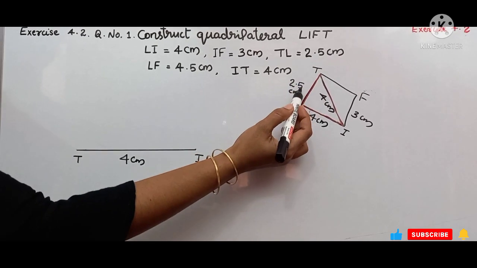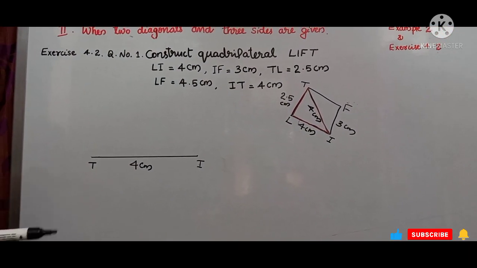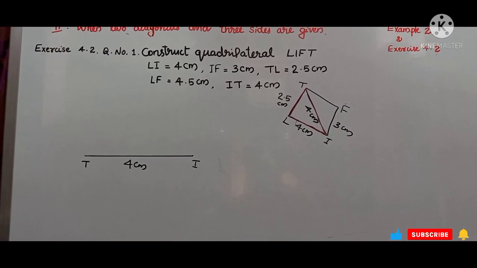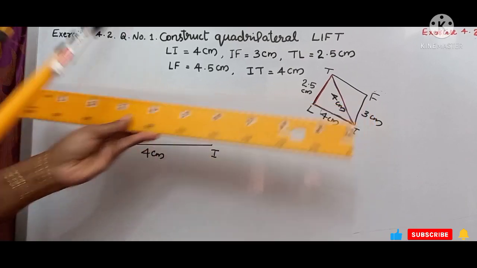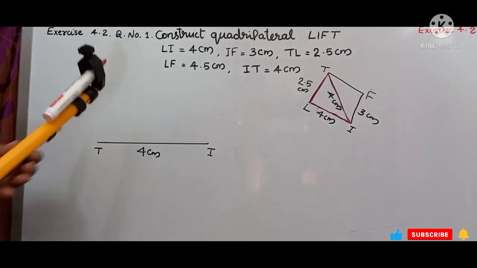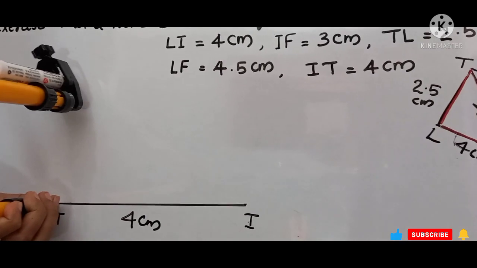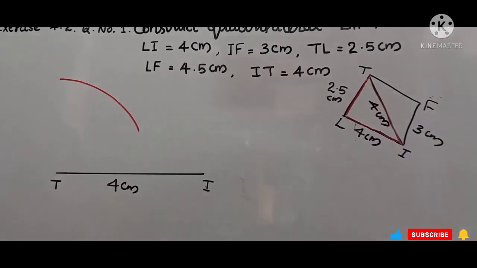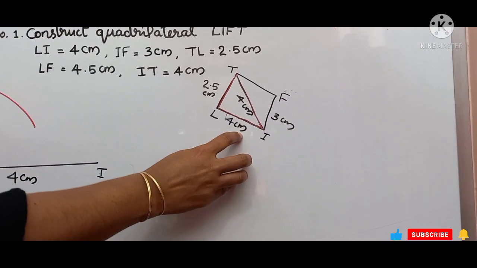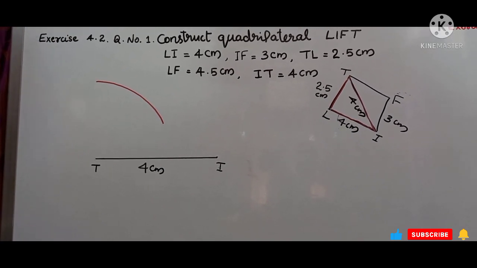So first we can take 2.5 centimeter compass width, and pointing on T, draw an arc like this way, and this is the point I. From I, 4 centimeter distance we have to take to L, and adjust our compass with the 4 centimeter.